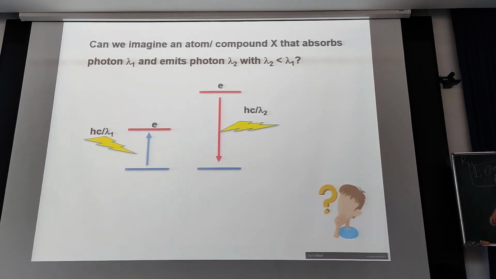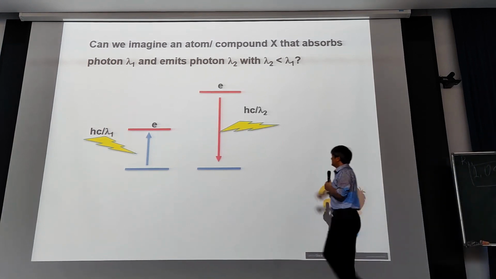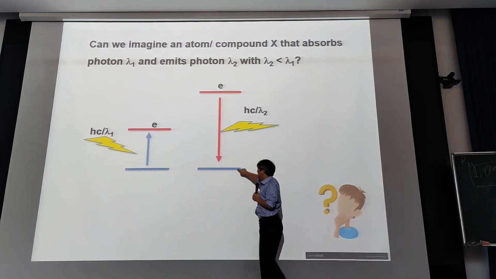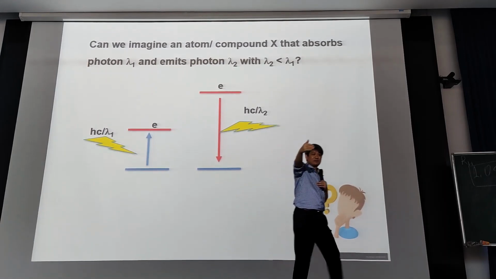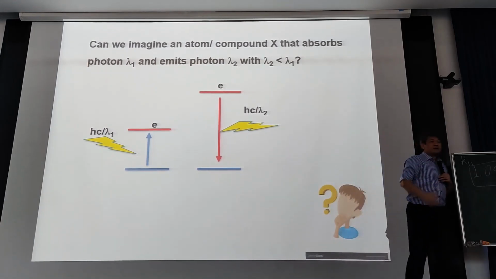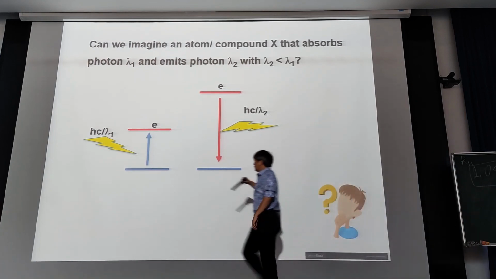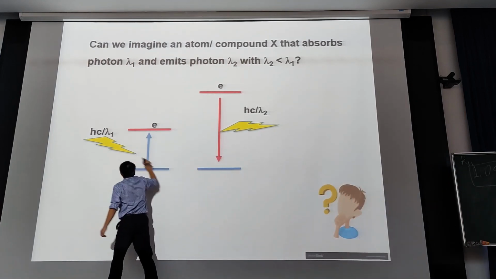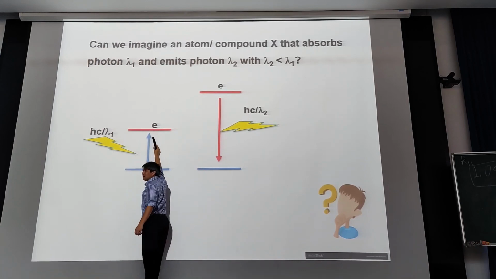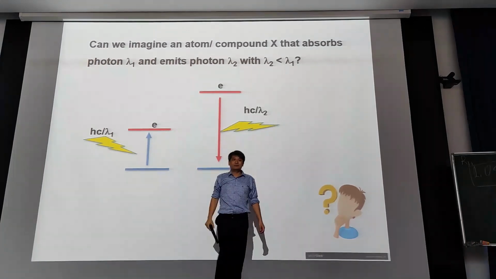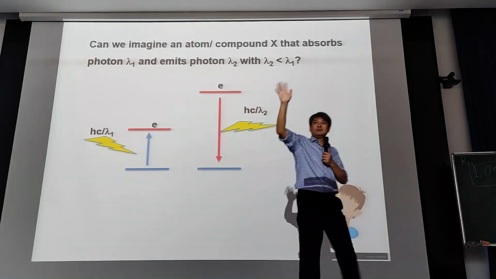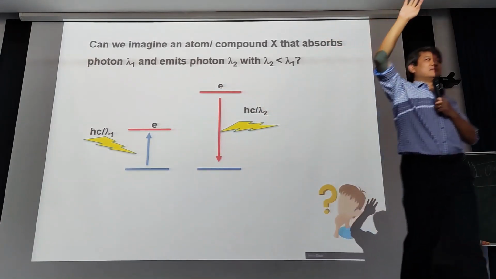If you want number 2 shorter than number 1, that means the gap between the energy here and the excited state should be larger, higher, right? So how can you absorb energy here, get the excited state, but then the electron goes up to that? Any suggestion?